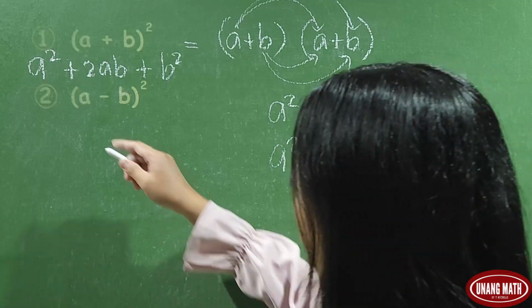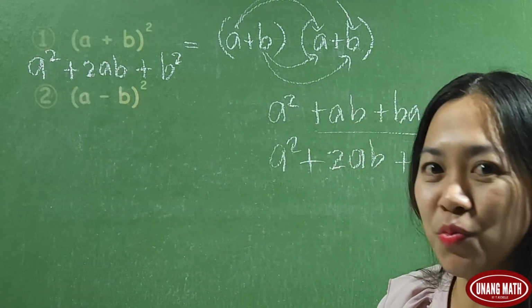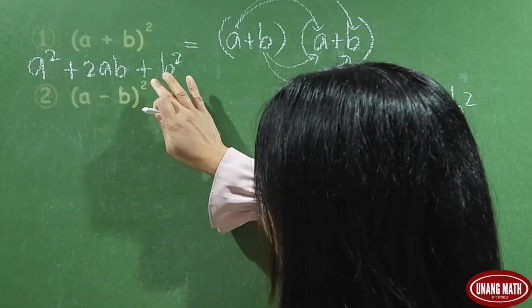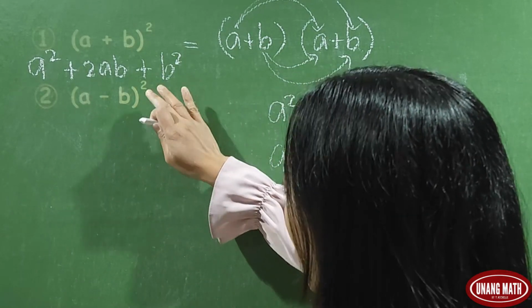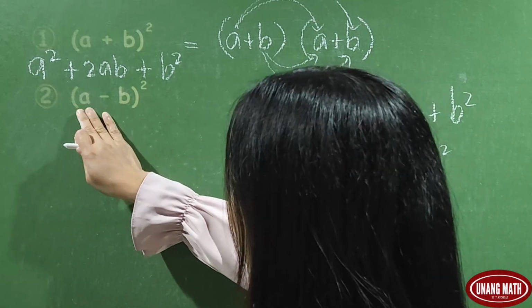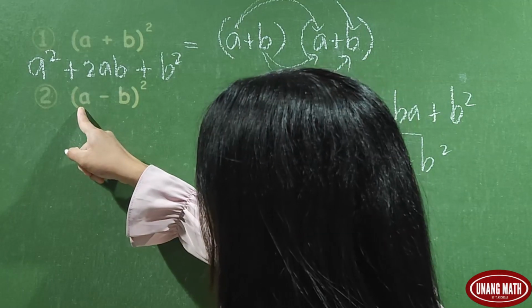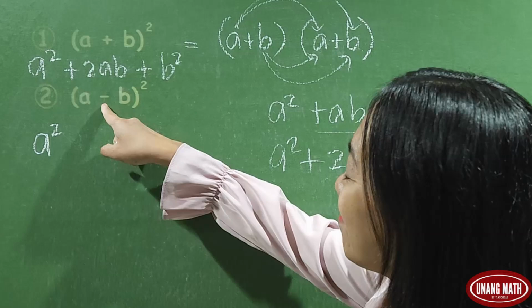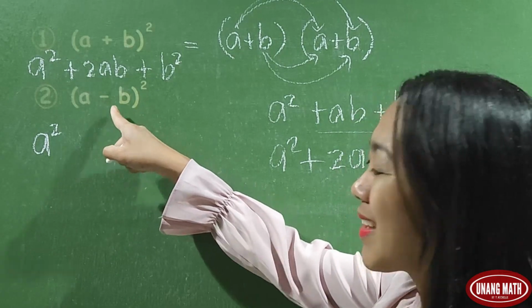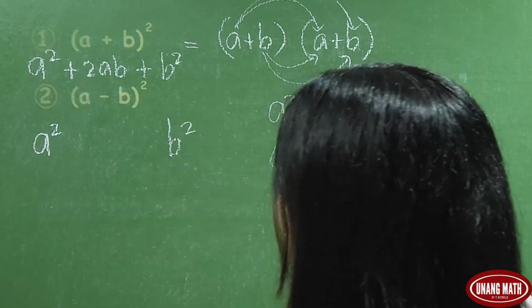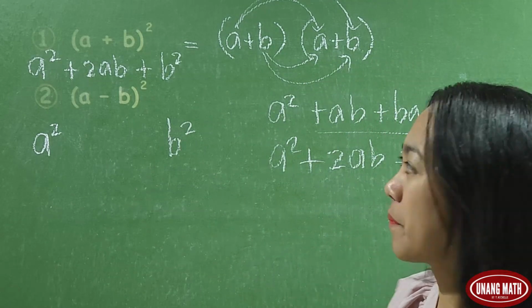How about if the operation is subtraction? So we have here (a - b) inside the parentheses raised to the power of 2, meaning (a - b) times (a - b). So using the pattern, a times a would be a squared. What about negative b times negative b? Then that would be positive b squared.